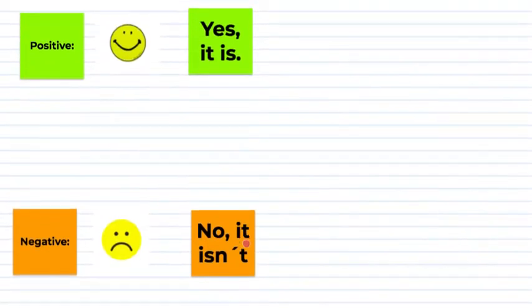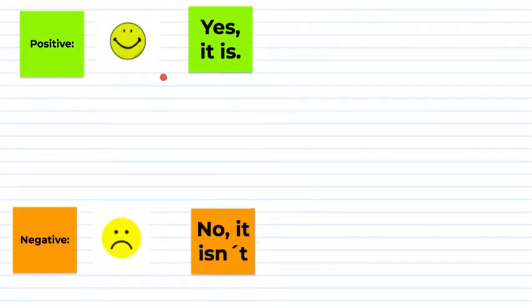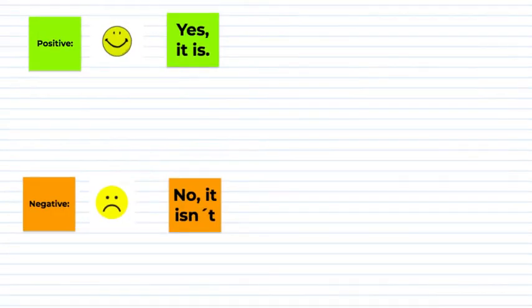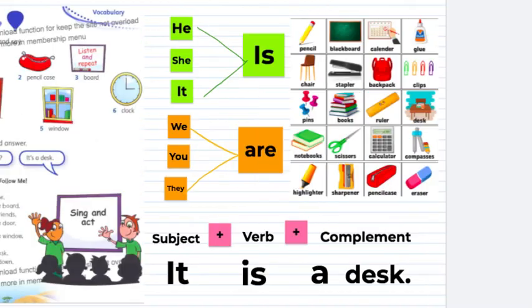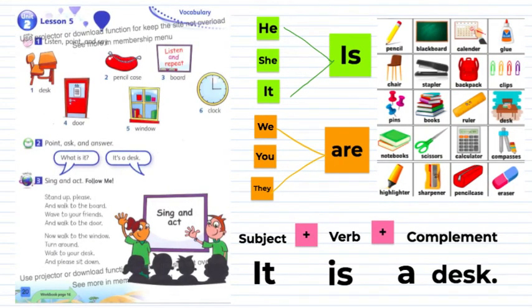So you have two options, okay? The one that is yes, it is, or the one that is negative, no, it isn't, okay? So for this, we are going to review this in the next lesson. So the only thing that you have to do right now is just to answer these pages and the ones that are in the extra material, okay?